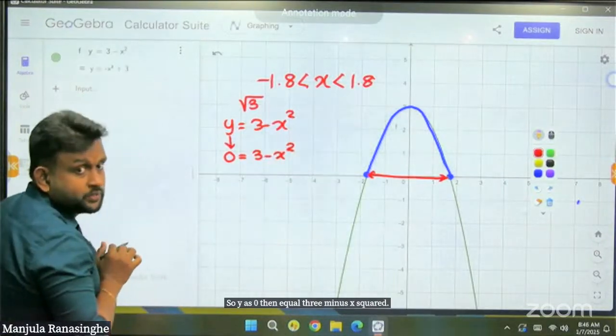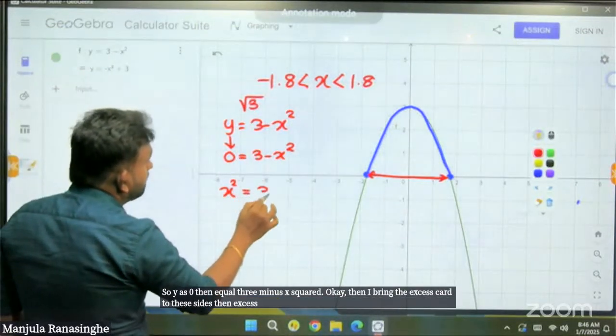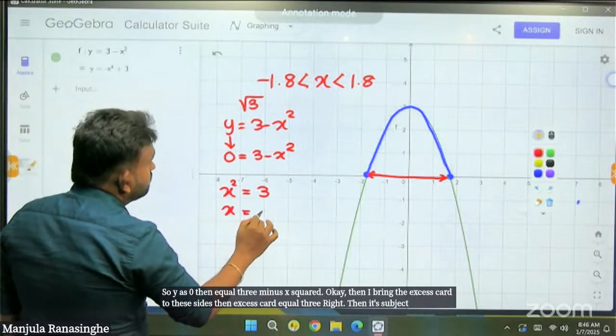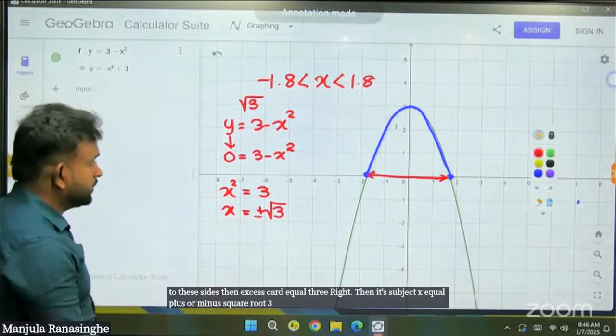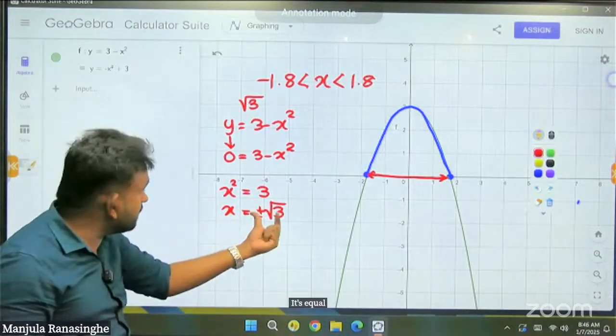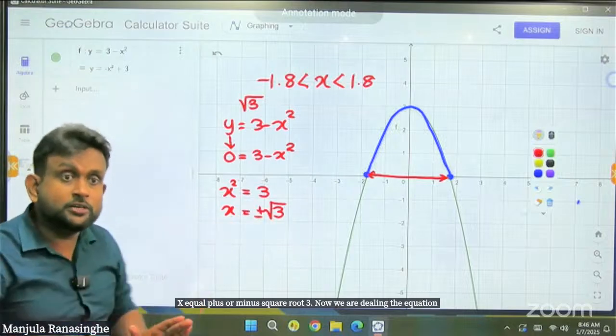Then I bring the x squared to this side. Then x squared equals 3. Then making x the subject, x equals plus or minus square root 3. Now what happened? x equals plus or minus square root 3. What's the logic we did here?